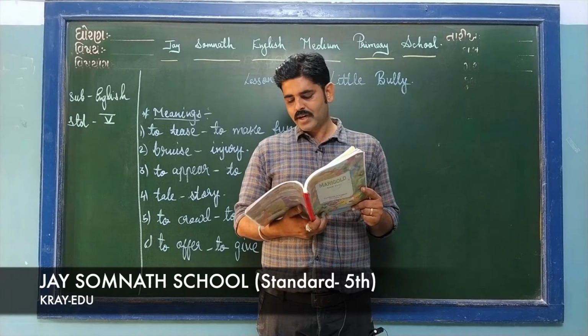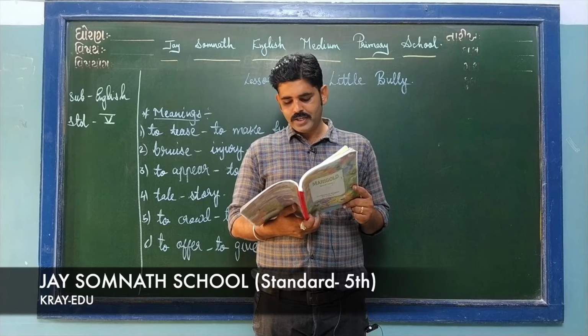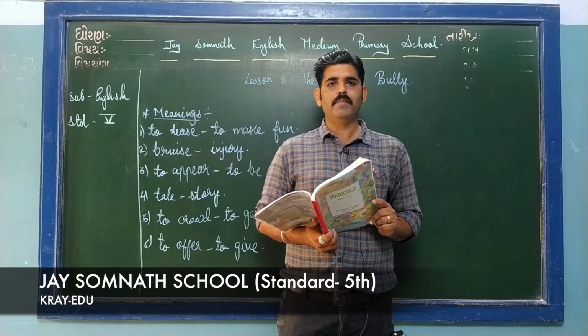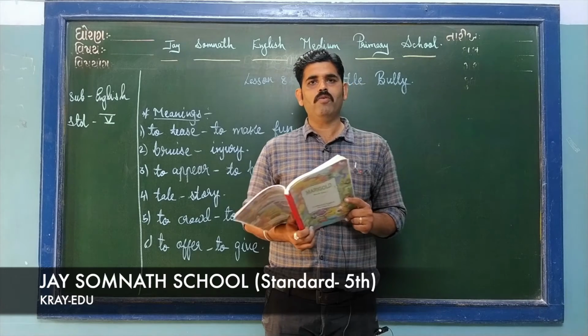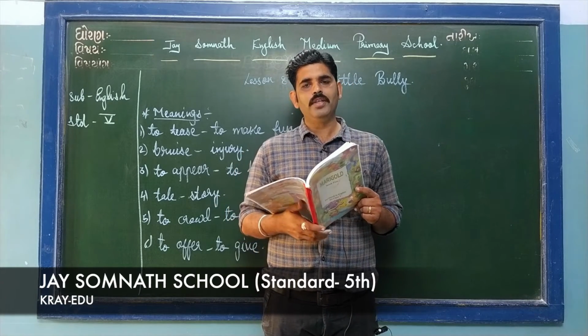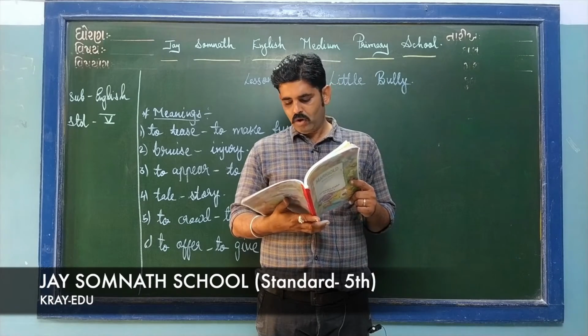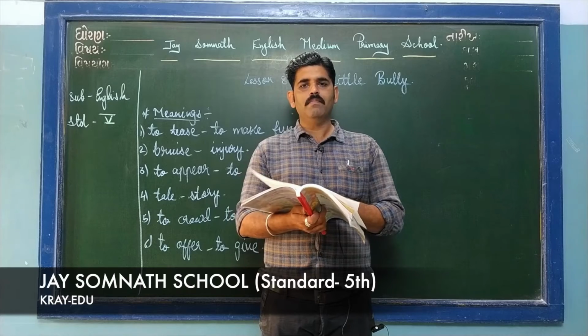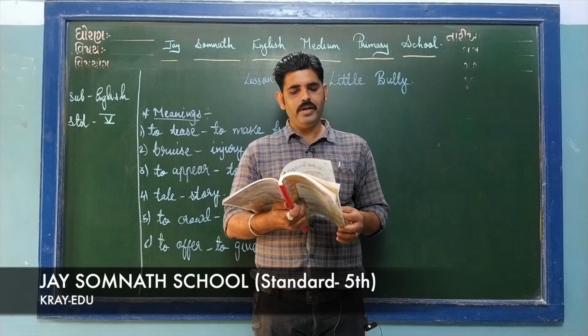It so happened that the class went for a picnic to the seaside for a whole day. All the children were most excited. They were very happy because they were going for a whole day tour.